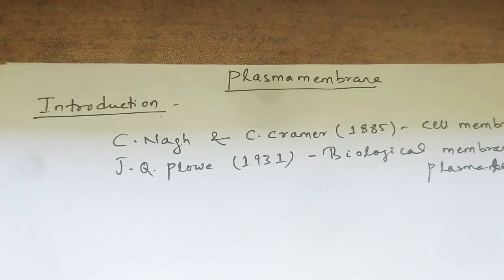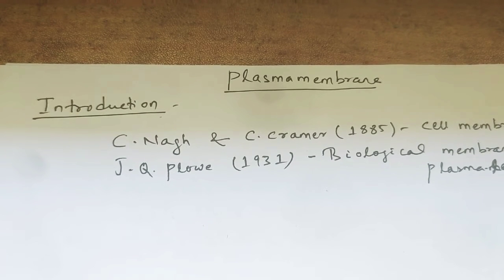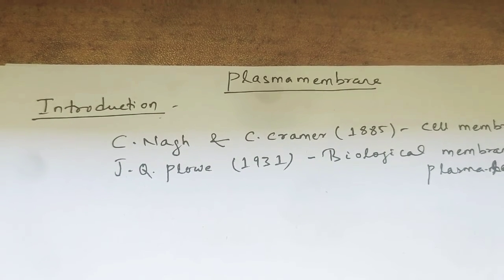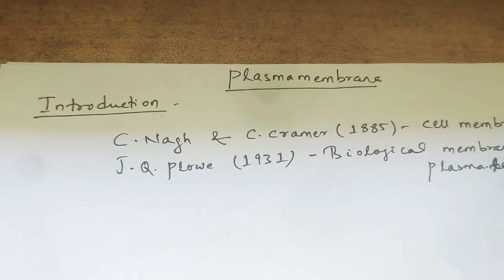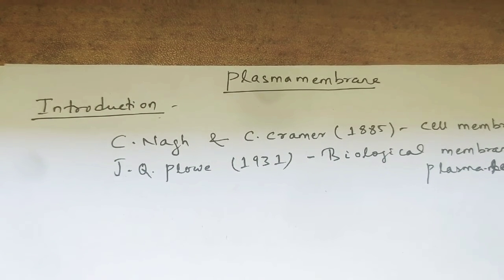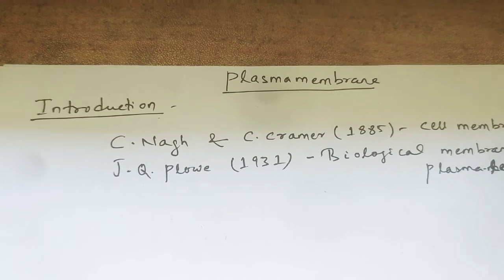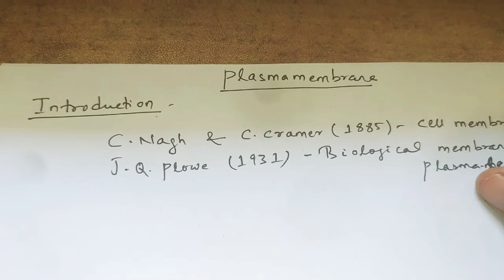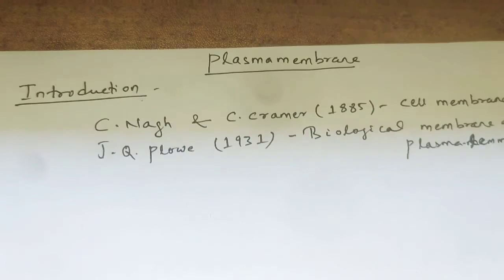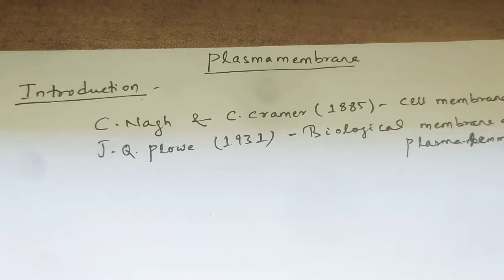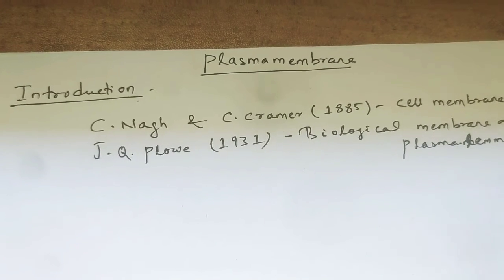The plasma membrane is the second layer, or you can say the first living layer, which is semi-permeable or selectively permeable. That means it only gives permission to needed substances to enter. Clear?